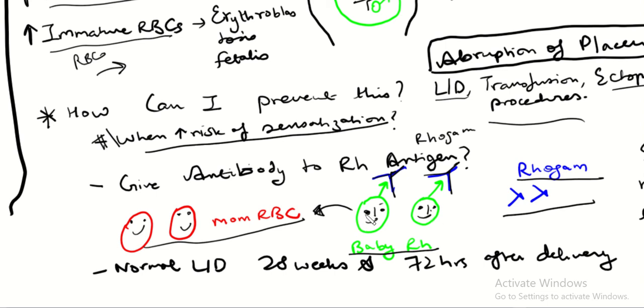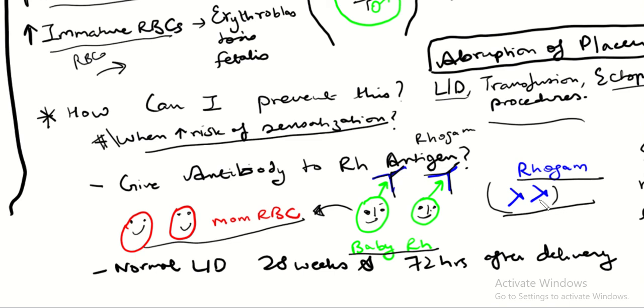When that happens, this gets destroyed and the mom's body is not exposed or is not looking at the antigen because that antigen is now connected to an antibody. Okay, and that's a good way to think about it. That's the way I think about this: when antigen and antibody get together, that thing is tagged and killed, and the body doesn't get to see that antigen, so it doesn't make any antibodies.